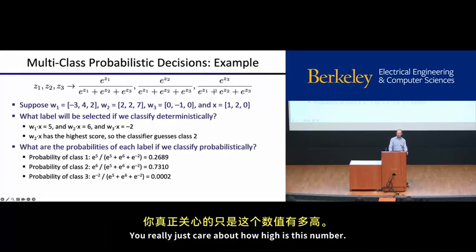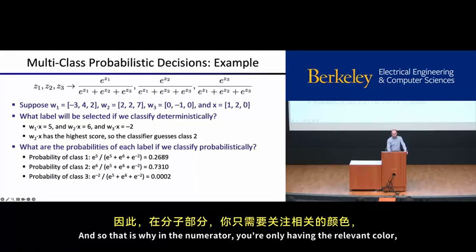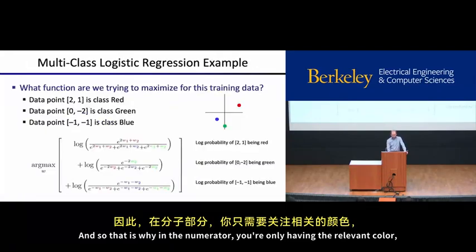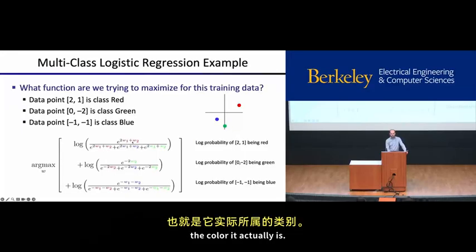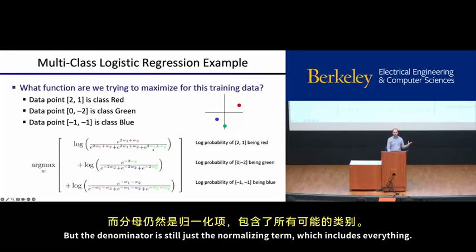You really just care about how high this number is. And that is why in the numerator you only have the relevant color, the color it actually is. But the denominator is still just the normalizing term, which includes everything.